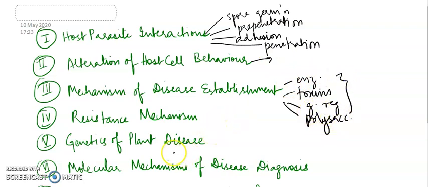Now like I said before, the plant will not sit quietly. It does have some defense mechanisms. So the resistance mechanism in plants can be either the structural defense mechanism, or the biochemical defense mechanism. Structural defense mechanism is structural details which are already there. It could be either pre-existing, or it could be some structure that is developed in response to the attack by the pathogen. Biochemical also similarly could be a pre-existing biochemical defense, or some biochemical defense that is developed post the infection.